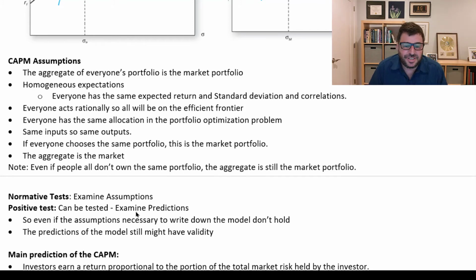Even if the assumptions necessary to write the model down don't hold, and a lot of these obviously don't hold, obviously we don't have homogeneous expectations and not everybody holds the same portfolio, once we write down the model, we can actually examine the predictions of the model. Some of the normative tests for the CAPM fail, but maybe not the positive tests. Just because we had to come up with a bunch of silly assumptions to write down the model doesn't necessarily mean the model is wrong.